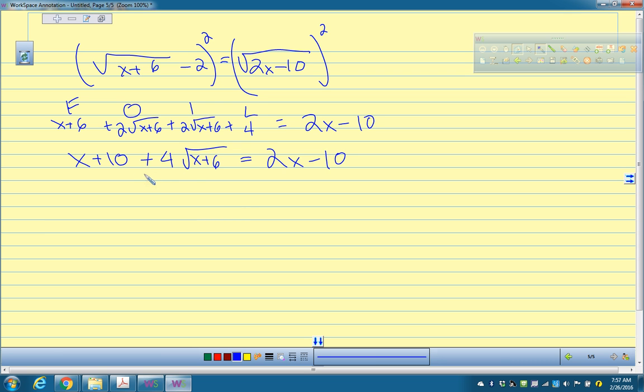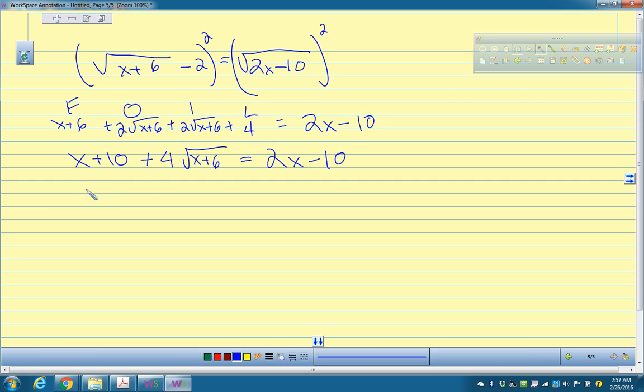Okay? Now I proceed to get everything on one side. I want to get everything except the numbers on, what happens to this 10, oh no, it doesn't go away.